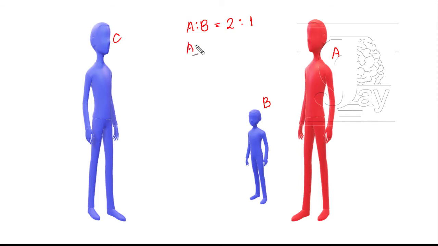And if we write A is to C, that's 1:1. Similarly, we can also compare C is to B. When we measure their height, we see that B is half of C, or C is 2 times that of B. So if I write B is to C, I have to write B's part first, so that is 1:2.